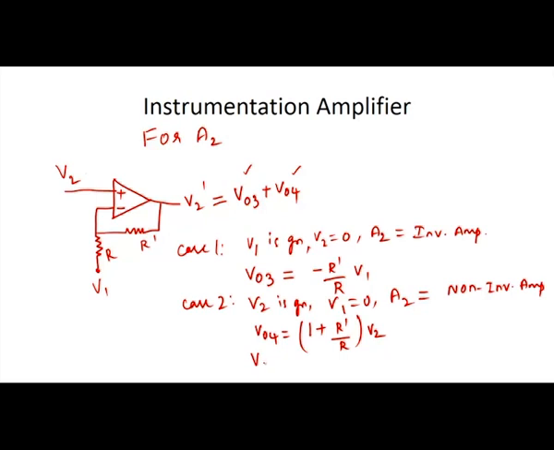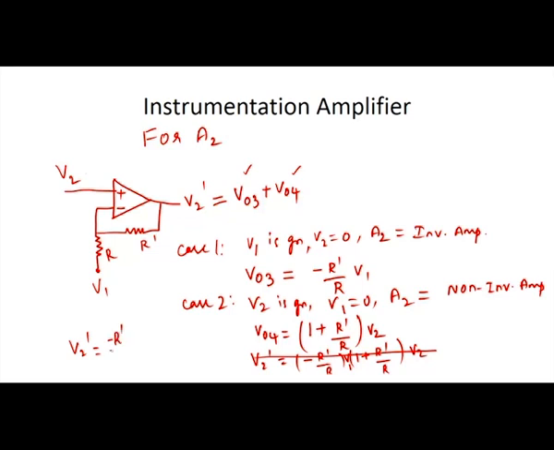The total output voltage V2 dash is equal to the sum of the two output voltages, V03 and V04.